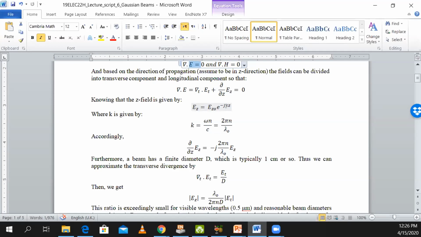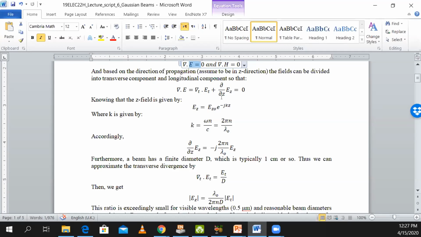It's an amplitude multiplied by a variation in the phase, which is e to the power minus j k z. Again, I'm assuming a lossless medium. There is no alpha, no attenuation, and also no amplification, because we dealt with amplifying materials before. So this is just a phase changer.